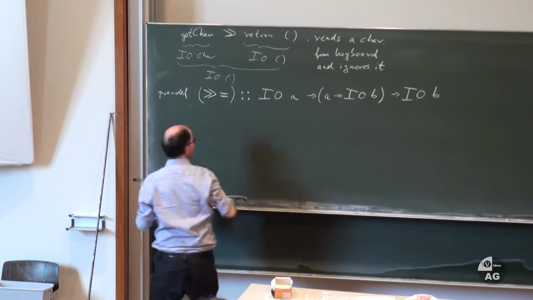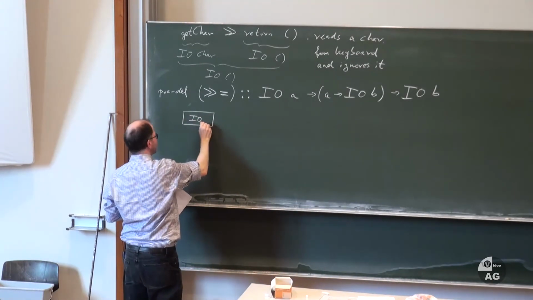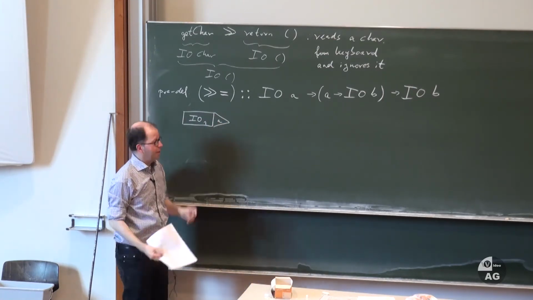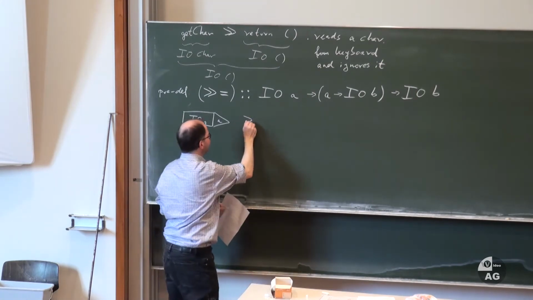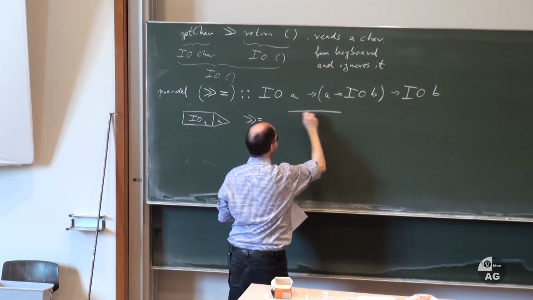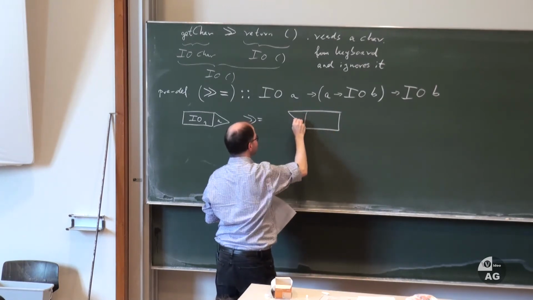So if you want to depict this graphically, it looks like this. The first action is something like this. It's the first action, and here you determine some value of type A. And then we bind this together with a function. Let me depict it like this.